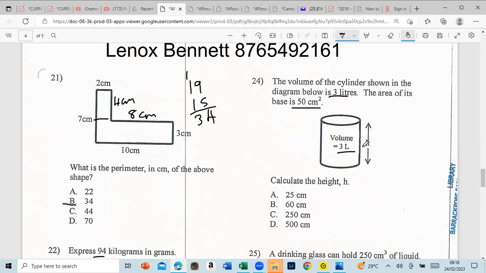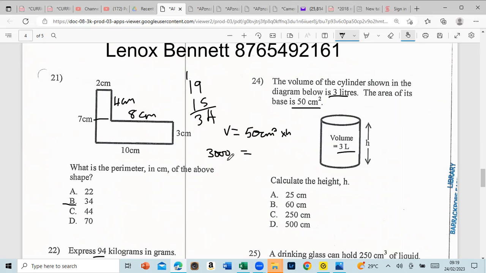That's two different measurement units, right? So volume equals area of the base, which is 50, times a number, and that gives basically 3000. Let us put 3000.